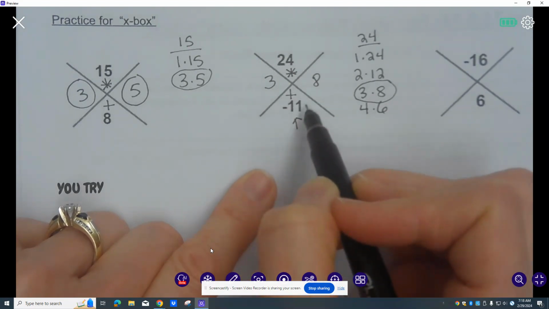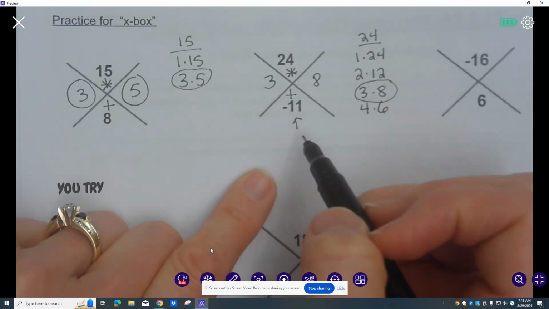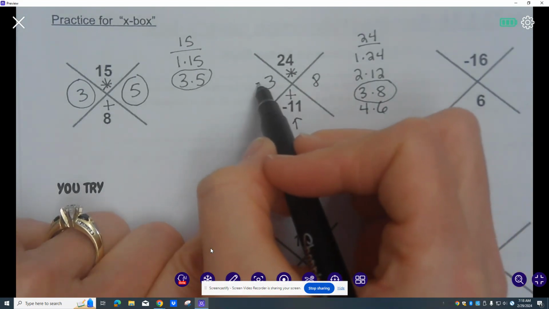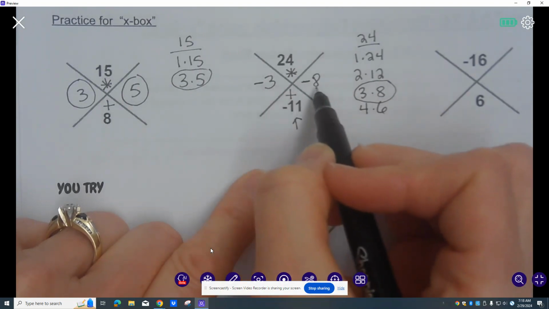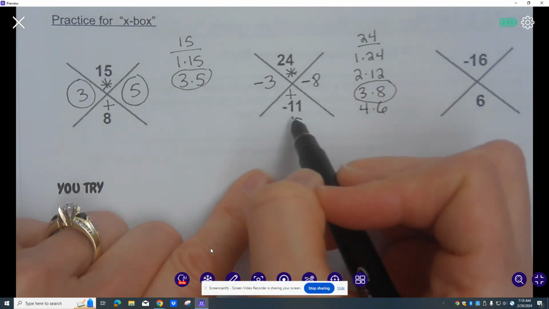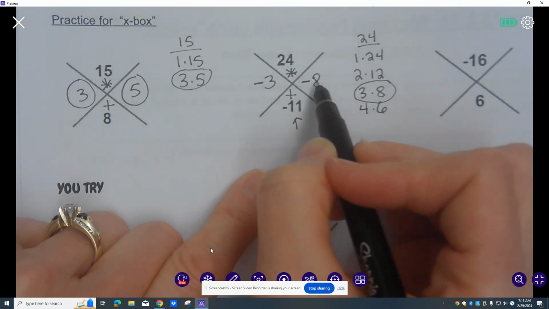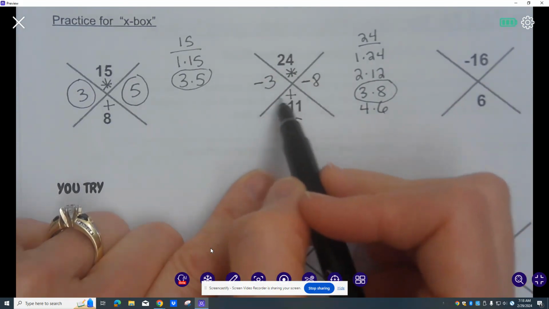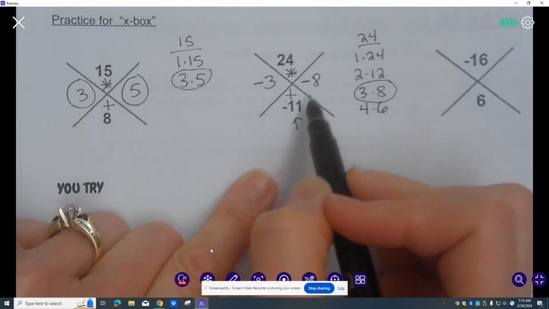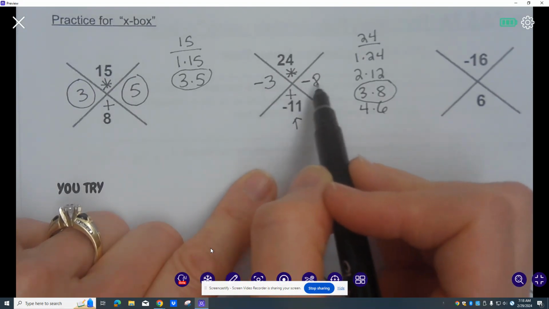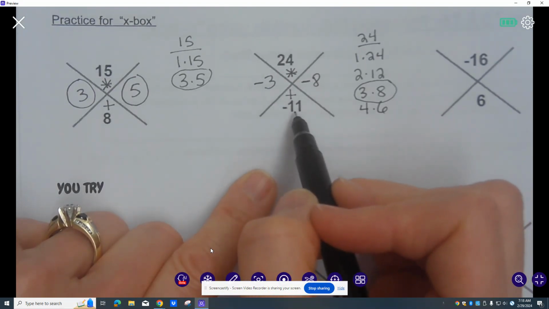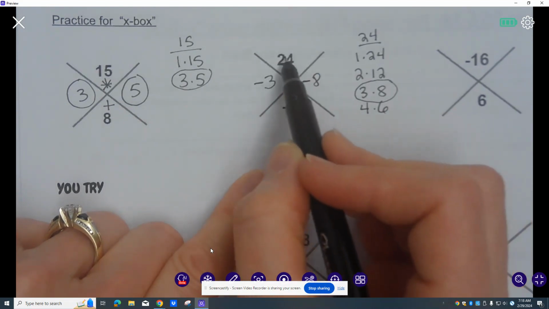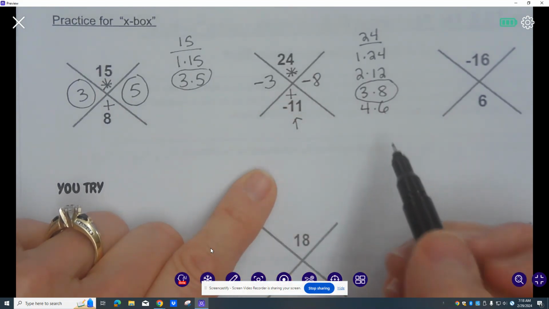But I need a negative 11 down here when I add them. So if I add two negatives, I get a bigger negative. If I multiply two negatives, I get a positive. So if we just make both of these negative, that works for us. Negative 3 plus negative 8 is negative 11. Negative 3 times negative 8 is positive 24.